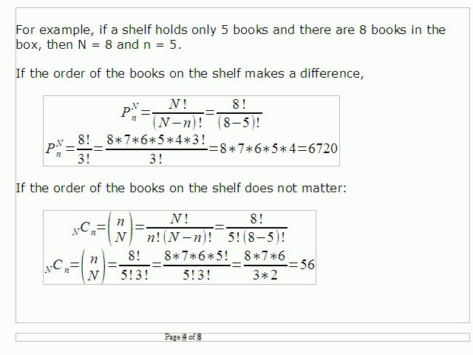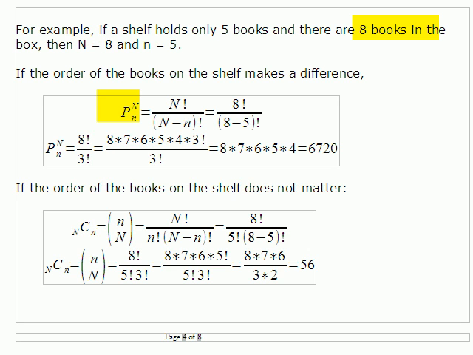And here's an example on their use. Let's say you have a box with 8 books in it and you're going to put 5 on a shelf. Now if the order of the books on the shelf makes a difference, it matters whether you put, I don't know, the atlas first and then the dictionary versus putting the dictionary first and then the atlas. If it matters, then you have a permutation.